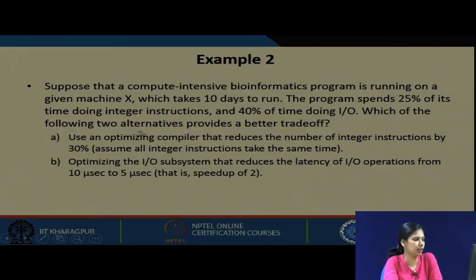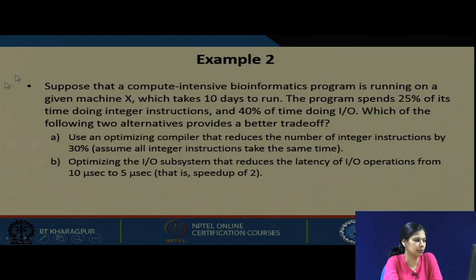Which of the following two alternatives provides a better trade-off? The first one is to use an optimizing compiler that reduces the number of integer instructions by 30%. Assume all instructions take the same time.